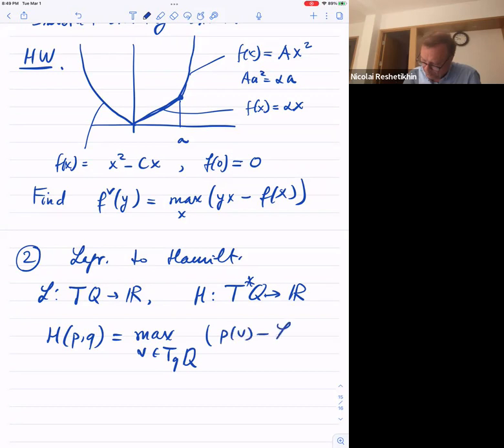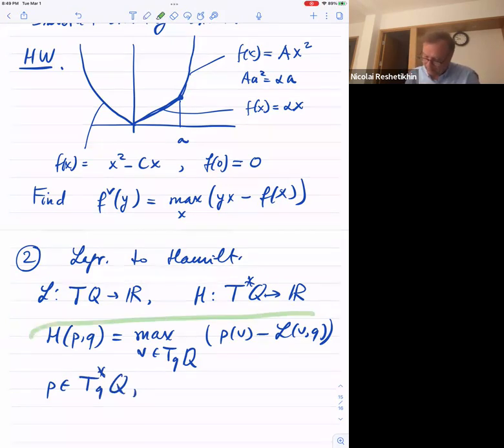pv minus L(v, q), where p is in the cotangent space to q. So we will take this definition and work with it next time. We'll derive the Hamiltonian dynamics with all its consequences.